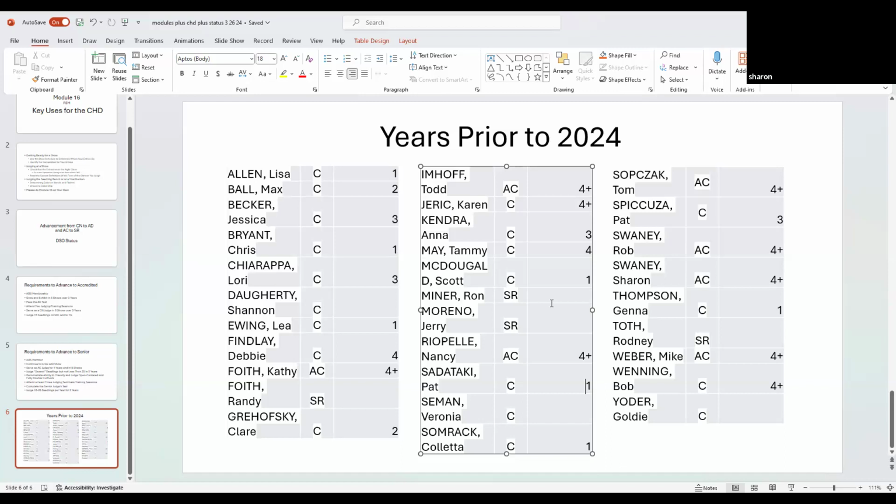Or I'll ask Bob if it's okay if I just do it for DSO. He probably won't care. It'll save him the trouble. That'd be great, thank you. What you have access to is who has indicated that they completed the modules, who did the process of going into the screen and saying, I've completed them.